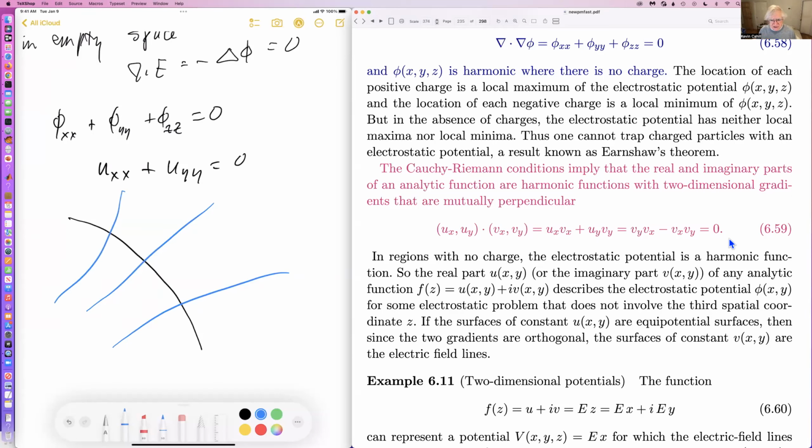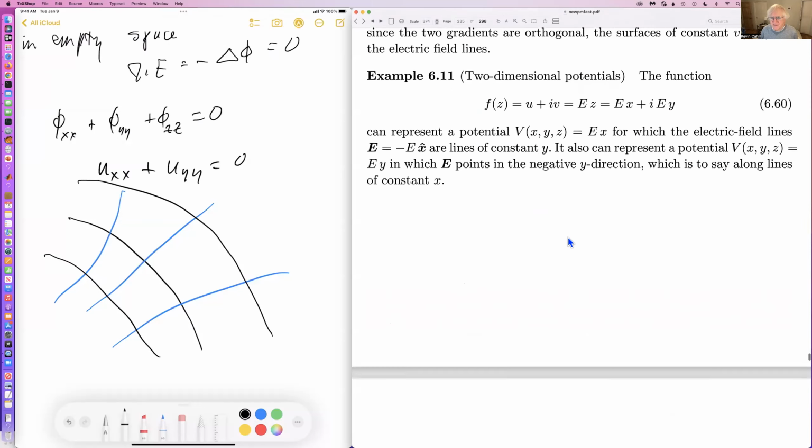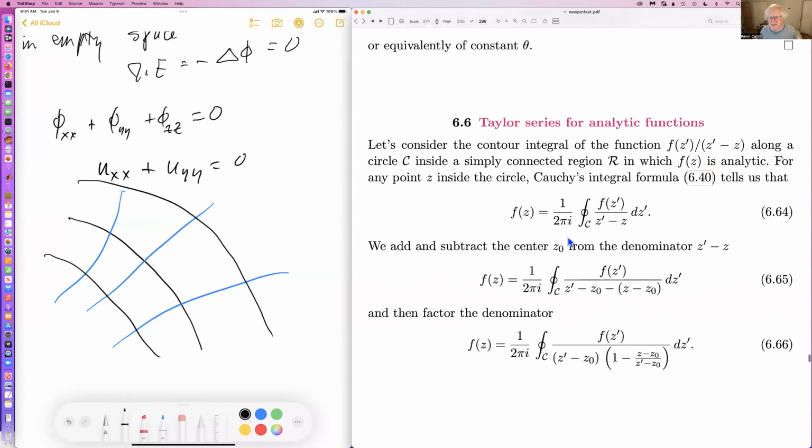So the lines of constant u and the lines of constant v are going to be mutually perpendicular. It looks like that. And that's because of this expression here. I think I'm going to skip these examples.